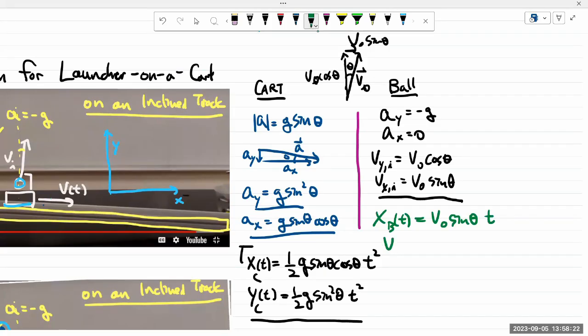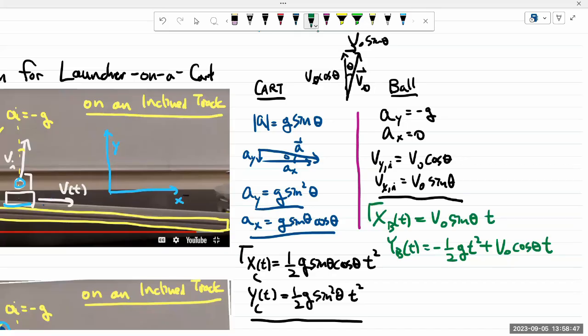My y component, the vertical position of the ball as a function of time, will be minus 1/2 gt squared, the acceleration part, plus the initial velocity, V naught cosine theta t, and the initial y position is 0.